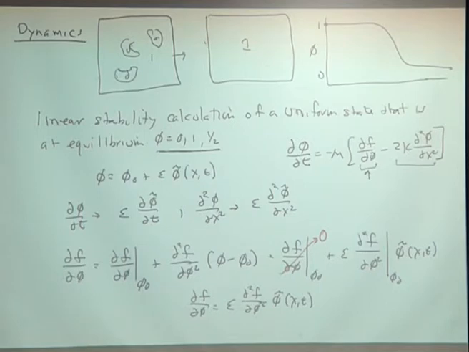So you put this first derivative term here into here. You can see that the epsilons will again disappear as we had before. You'll end up with a linear partial differential equation.